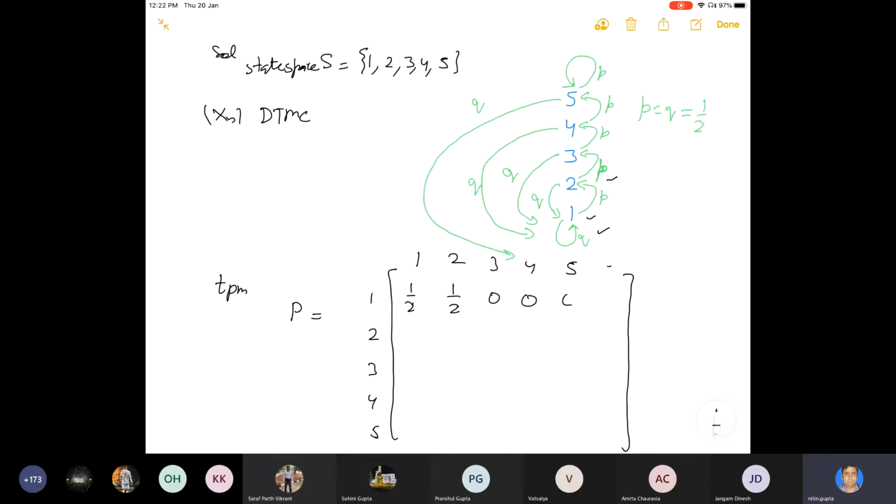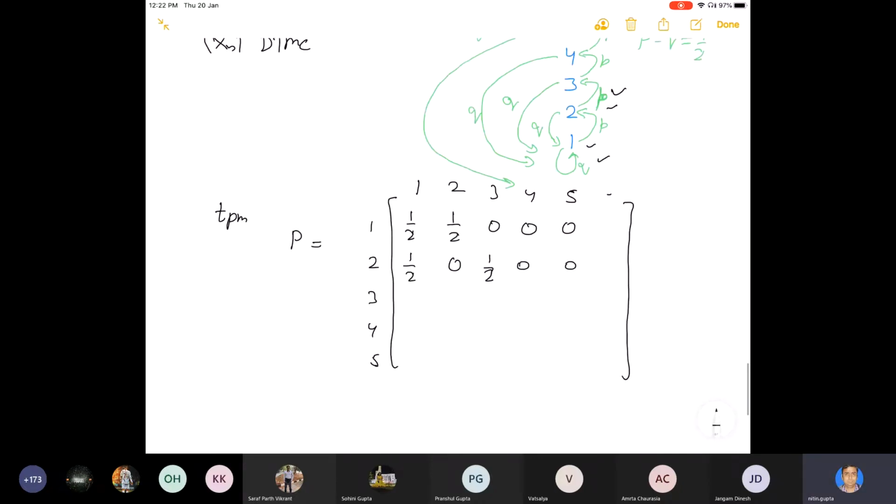So therefore there will be 0. From 2 to 1, it will move with probability Q, half. From 2 to 2, it cannot remain there. From 2 to 3, it will move with probability P, half. 0, 0. Similarly, other also. Half, 0, 0, half, 0.